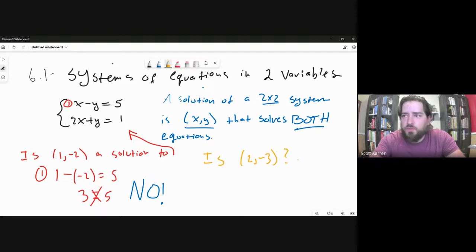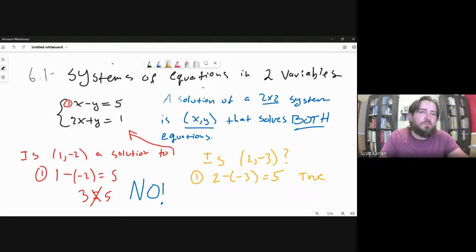So is (2, -3) a solution? Again, we'll plug it into each one. In the first equation, 2 in for x, minus -3 in for y, and that is true, because 2 minus -3 is 5.